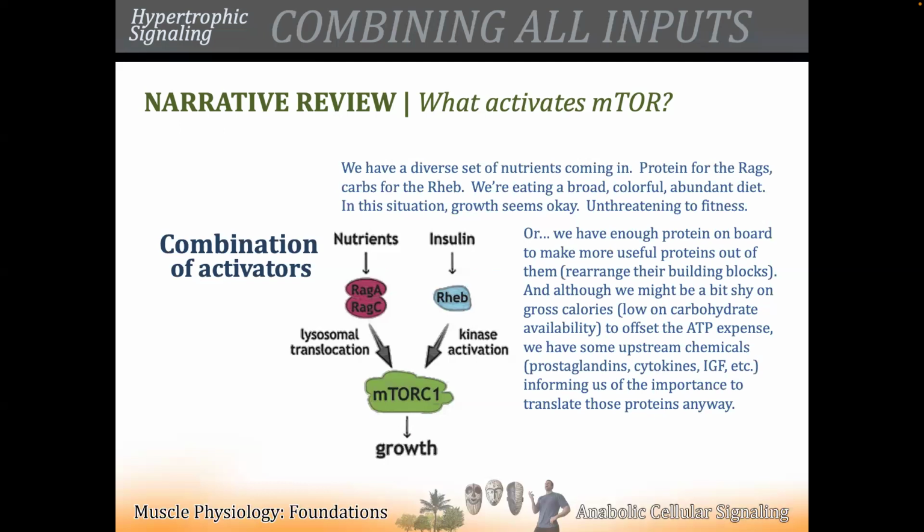So you need Rag and Rheb both GTP loaded. If you're missing one of those GTPs, it's not on. So that's what makes this a two-key system. Having an abundant diet tells your cells it's okay to grow, and then getting those growth factors binding tells your cells that it's important to grow.